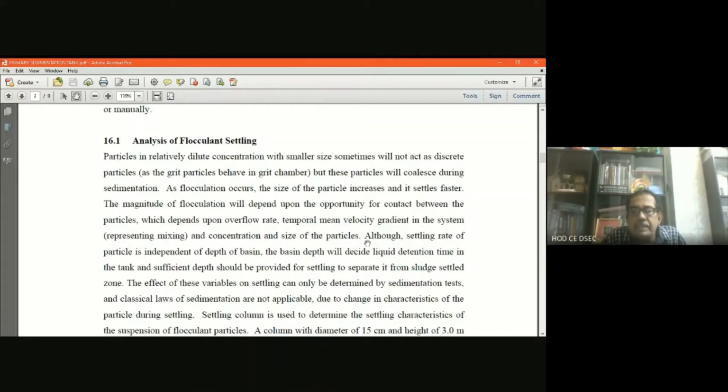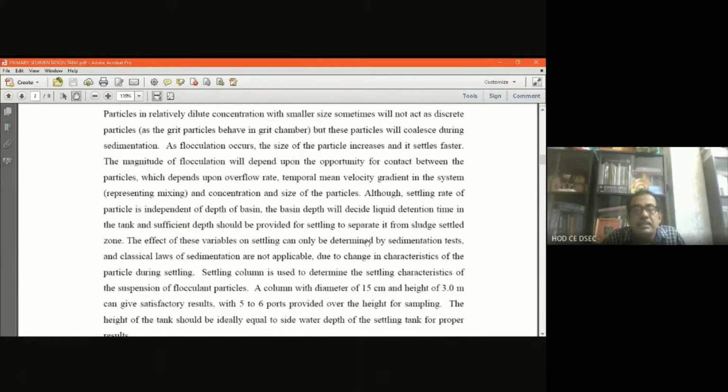So detention time into settlement velocity equals the distance, that is the vertical depth of the water. So the depth will decide the liquid detention time in the tank, and sufficient depth should be provided for settling, to separate it from the settled sludge zone.